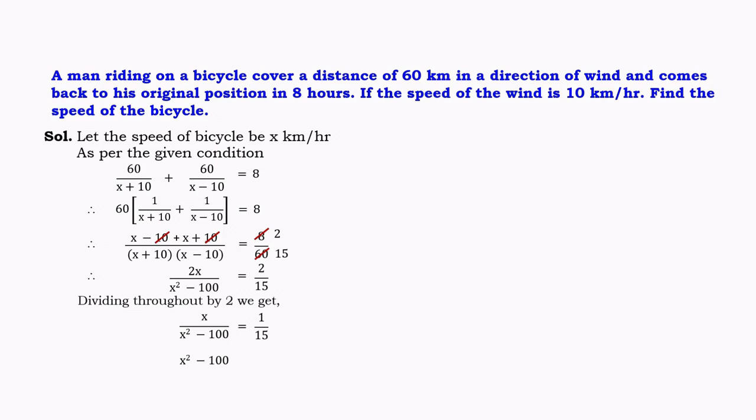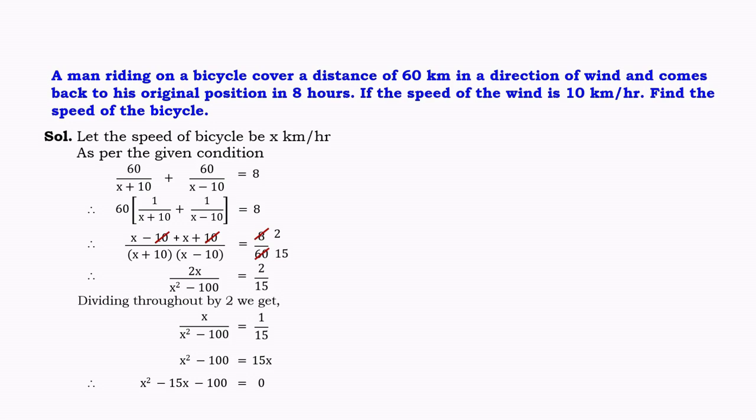Now, apply the identity: (x plus 10)(x minus 10) is equal to x squared minus 100. So, the equation becomes x divided by (x squared minus 100) is equal to 1/15. Now, cross multiply. We get x squared minus 100 is equal to 15x. Bringing all the terms to one side gives x squared minus 15x minus 100 is equal to 0.